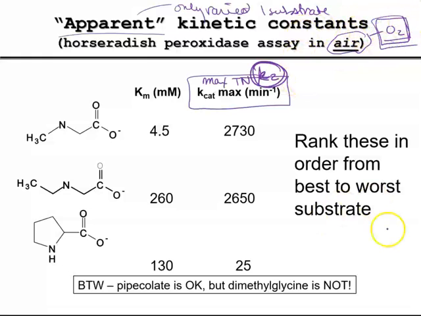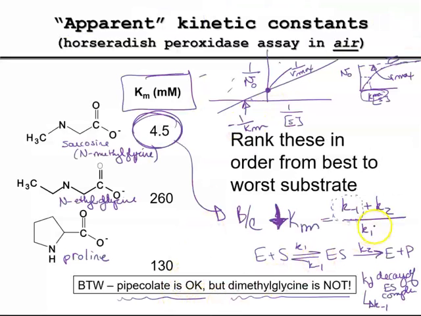Now, let's look at these compounds again. Still, we have sarcosine, which is N-methylglycine, and we have N-ethylglycine, and we have proline. Now which one do you think is the best? Well, now you've got something to consider, don't you? Because if we look at the previous slide, without question, sarcosine was really great, and wasn't N-ethylglycine terrible? Look at this Km. It's horrible.